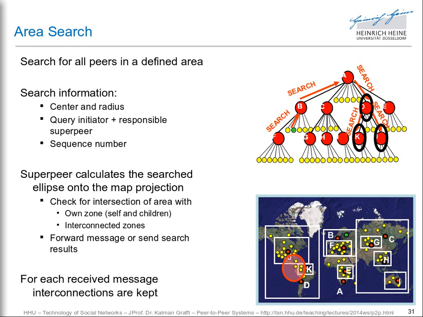D covers the whole search area, and it knows that K and J also have a part of this area, so it forwards the query to K and J. The response is also forwarded the reverse way, so we just give it the way back.